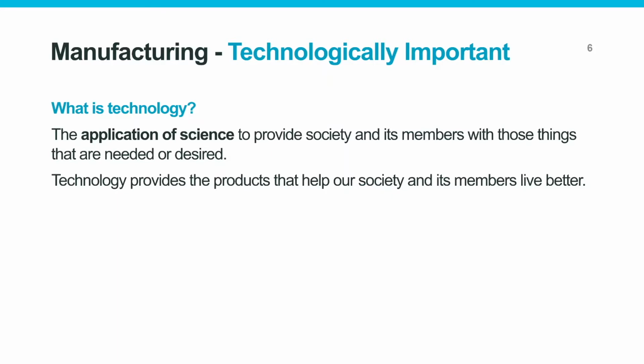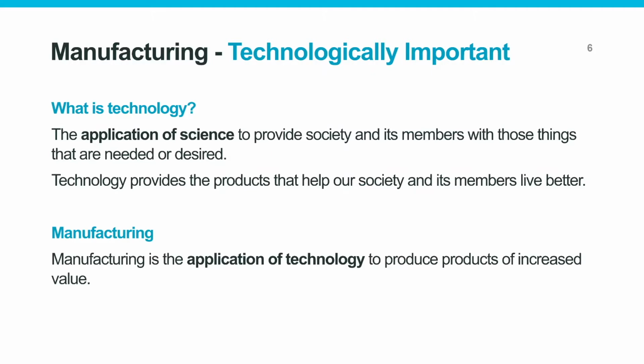Technology provides the products that help our society and its members to live better. So manufacturing is basically the application of technology to produce products of increased value. What we do in manufacturing is use technology to produce products, which of course get a much higher value.